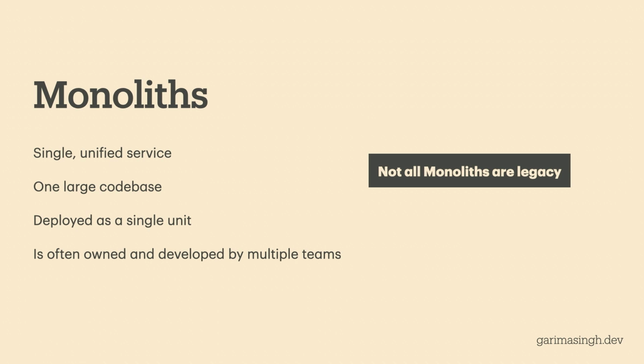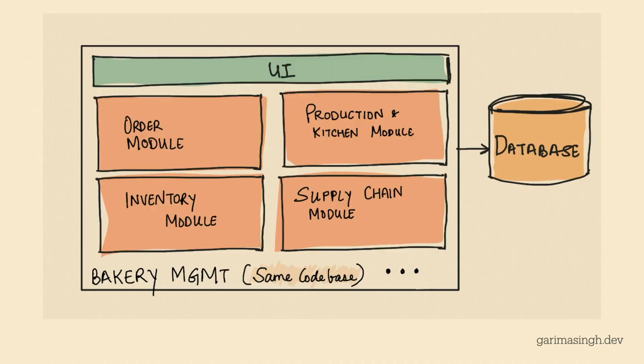And I think I should automate it because I'm a software engineer. And what does it look like? So if this is what my monolith was supposed to look like, those modules there, order module, production and kitchen module, inventory module, and supply chain module, are achieved by means of folder structure by convention.